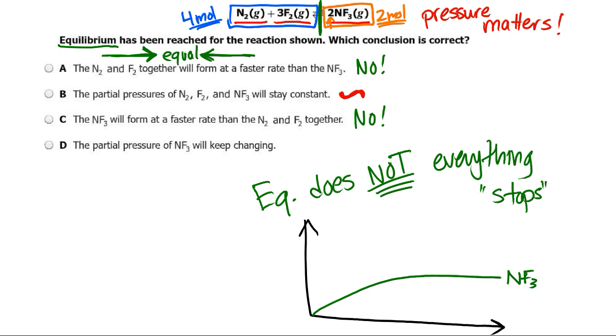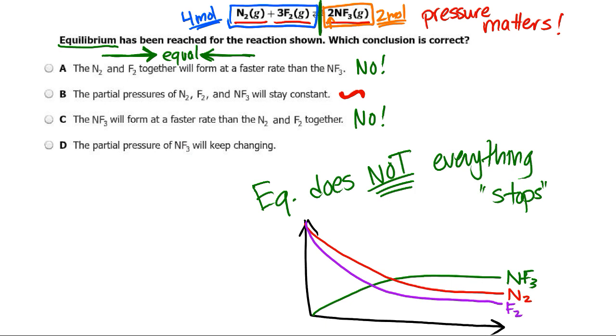We're going to have only N2 at first, and it's going to be consumed while making the nitrogen trifluoride. And then we are going to have some NF3 that is also going to be consumed. And these values, this is completely not to scale.